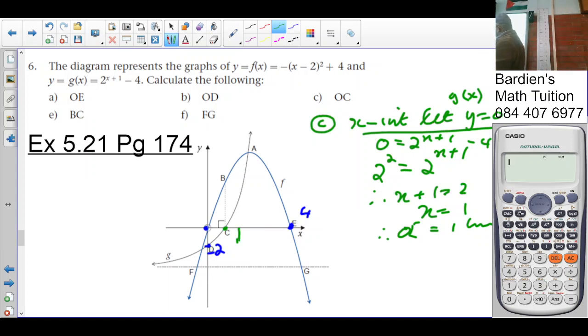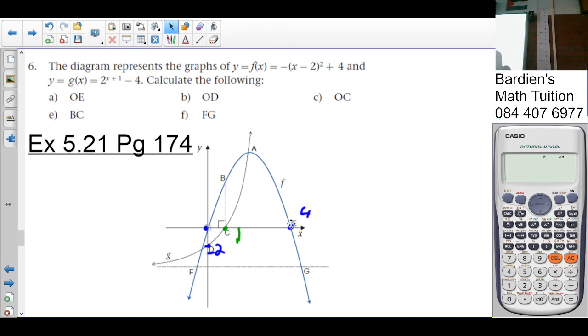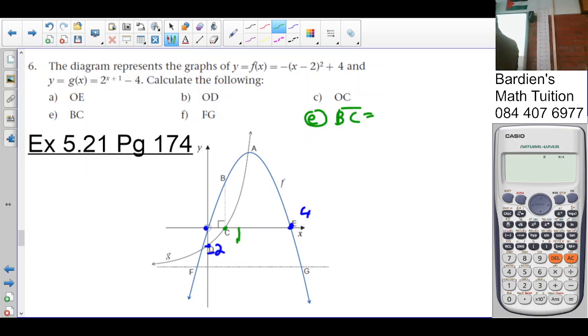Then BC. So BC, people, is going to be what? The distance between two graphs. Provided that the parabola is on top of the exponential graph. Can you see that? So in other words, your parabola is on top of the exponential. So I'm going to say f of x minus g of x.